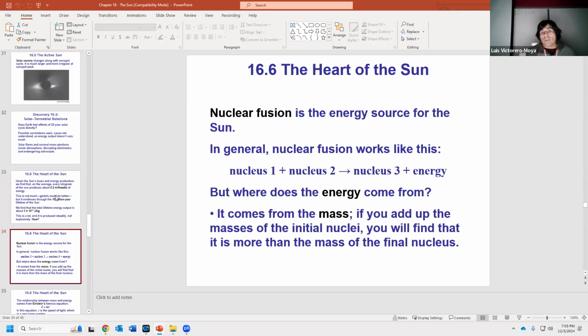But how does the core work? By nuclear fusion. You have nucleus 1 plus nucleus 2 in a nuclear fusion, giving you a heavier nucleus and emitting energy. Where does the energy come from though? Well, let me explain basic nuclear physics. If you have hydrogen and then you get a heavier nucleus of hydrogen here and energy, believe it or not, the mass on this side of the equation is different than the mass on this side of the equation.